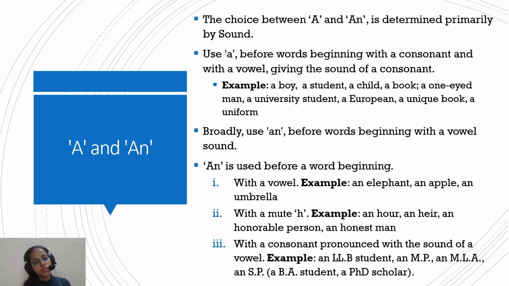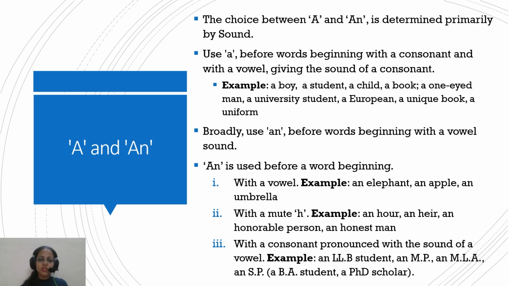Similarly, "a university student". Here U is not sounding the way it is supposed to, like in umbrella. In umbrella, U sounds like a vowel, but in university it sounds like the consonant "yoo". Because it's a consonant-sounding word, the article "a" is used.